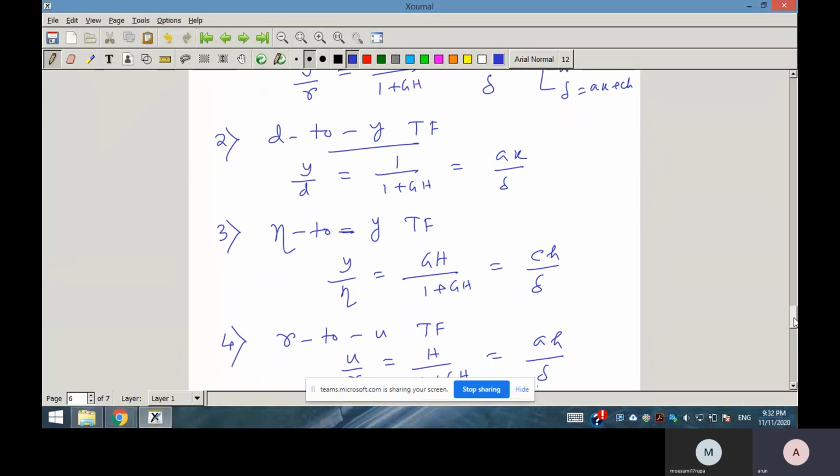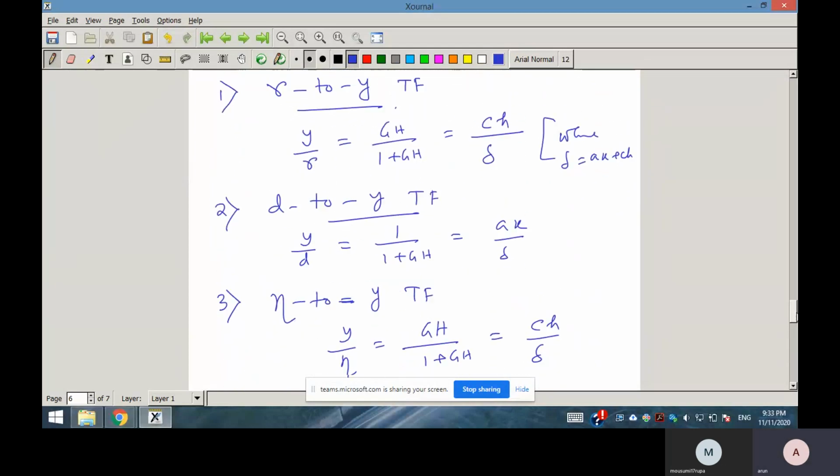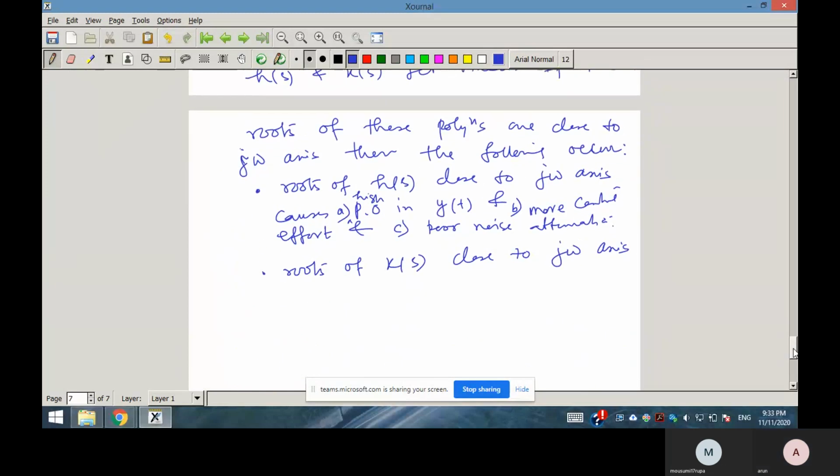Poor disturbance attenuation, which may cause a peak in the disturbance response.